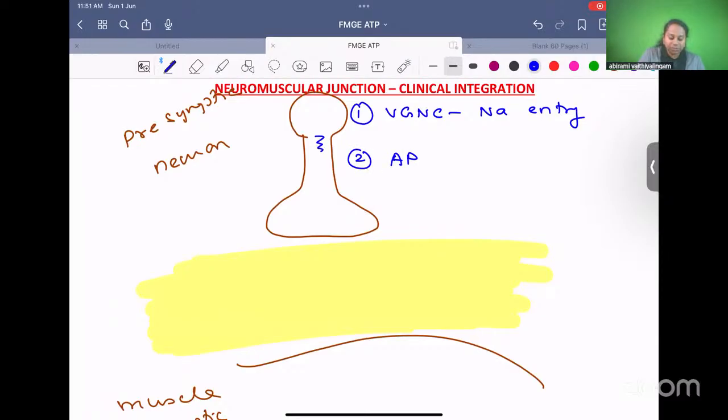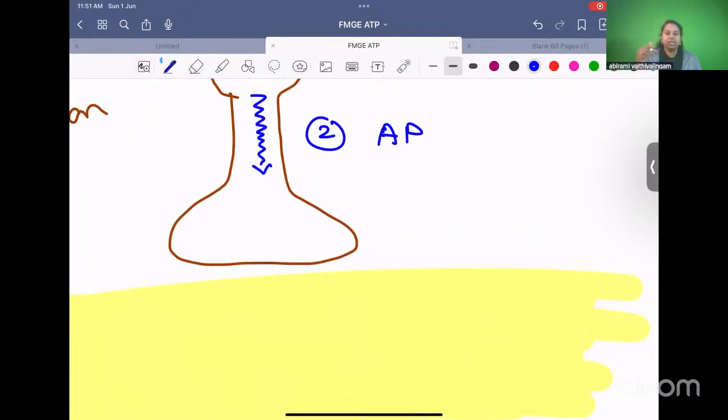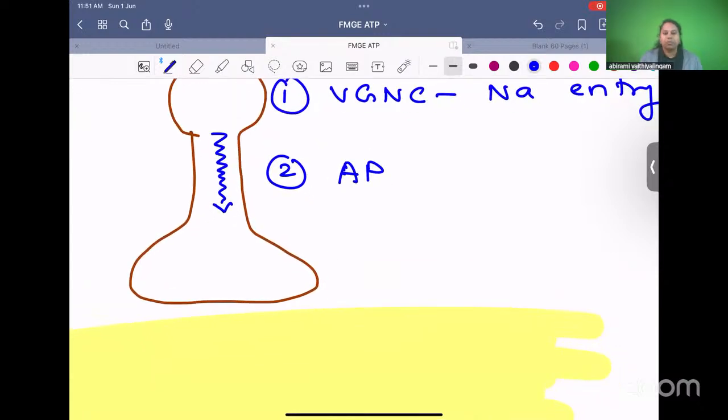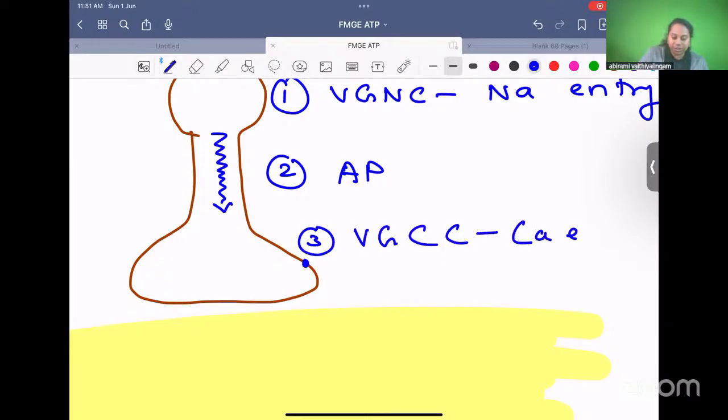This action potential travels along the neuron and reaches the axon terminal. This voltage will be sensed by voltage gated calcium channels and there is calcium entry. Calcium enters inside.